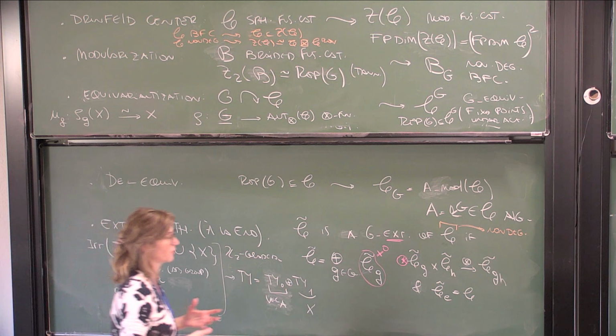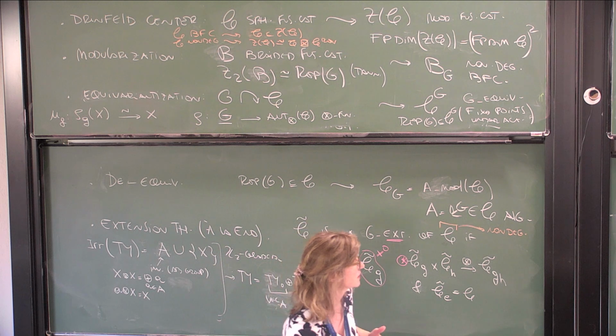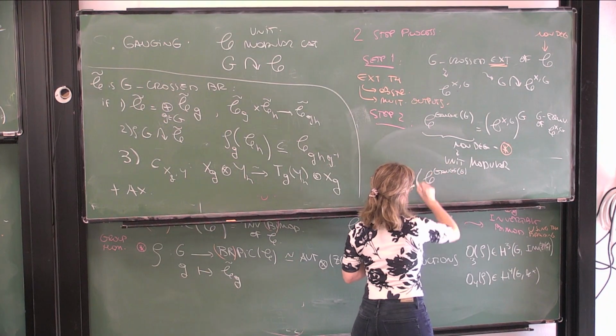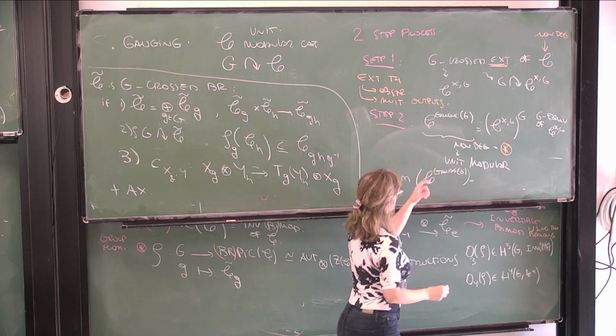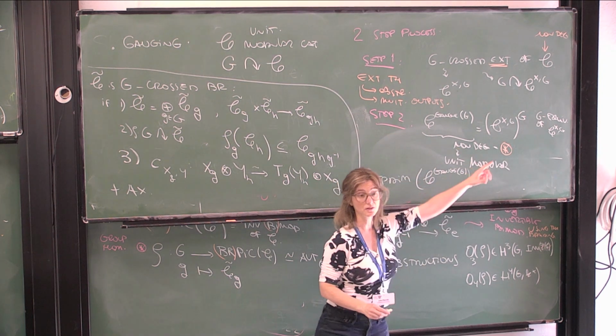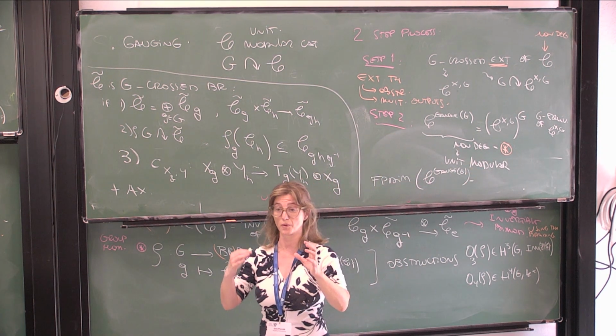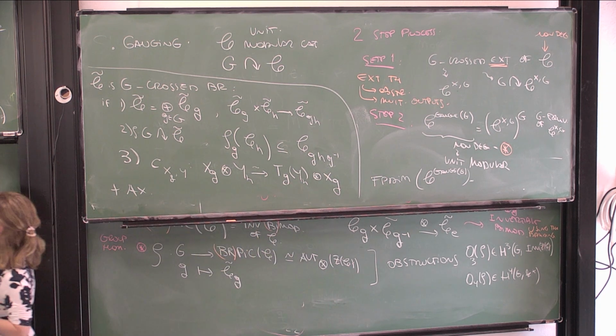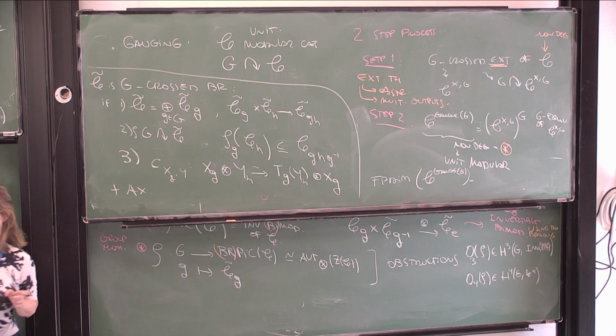Maybe let me say one thing. For example, the dimension of this gauge here, just because, since we are here, I will say some things. The dimension of an extension is the dimension of the trivial component times the order of the group. And the dimension of the equivariantization is the dimension of the category times the order of the group.